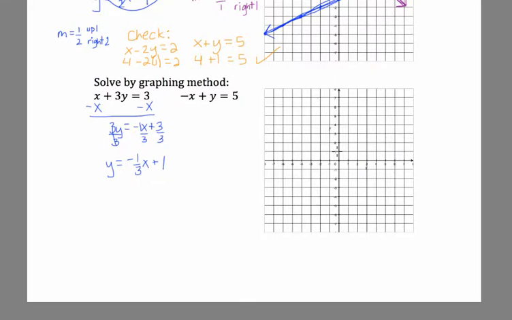The b number is 1. My m number is negative 1/3. Rise over run, so my rise is negative 1.